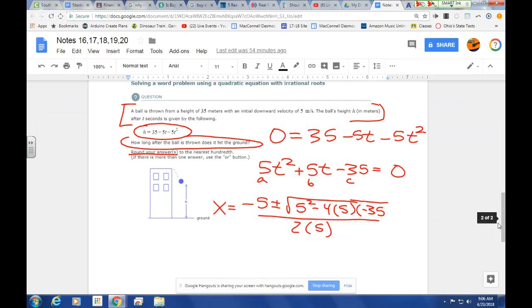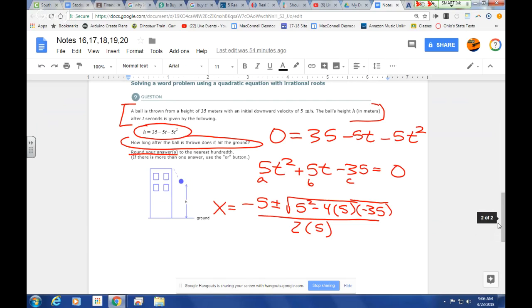So I still like to play the game of what's my discriminant before I square root it. I don't know if anyone noticed, but notice how I didn't put this 5 in parentheses and I did it on previous problems? Why didn't I put this in parentheses? Because it's not a negative.